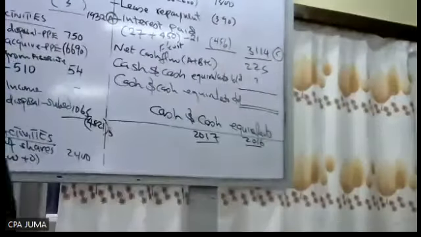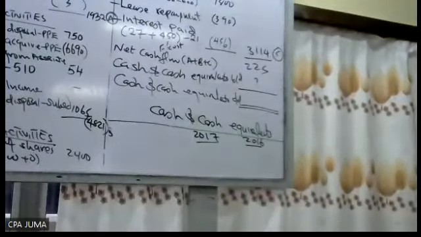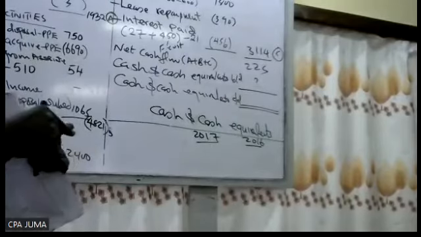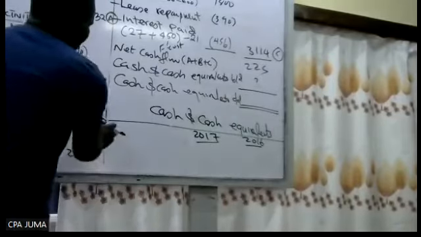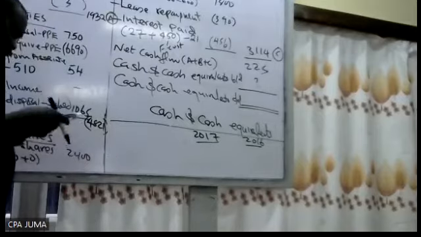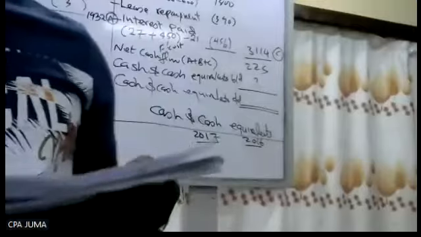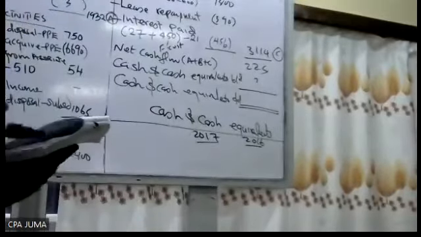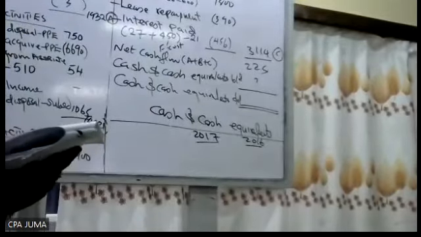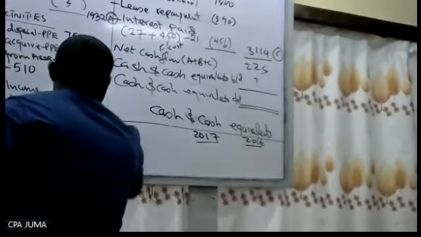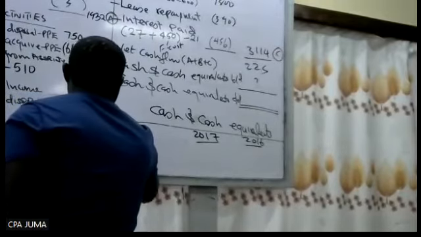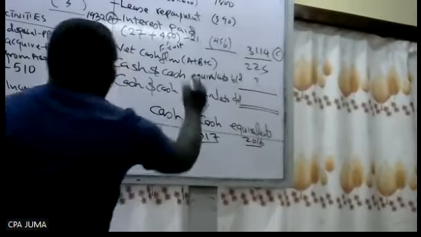Those are liquid investments. Then bank overdraft, but bank overdraft is a negative cash equivalent. So check our question keenly. Under current assets, financial assets at fair value. You see? That is a cash equivalent. So write here financial assets at fair value. That is a cash equivalent.